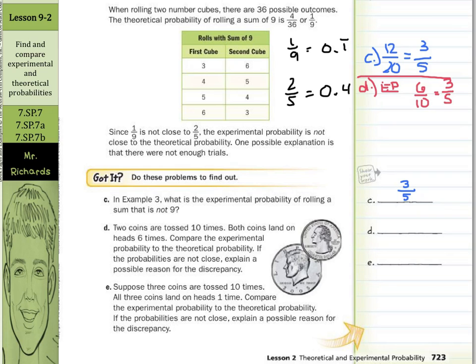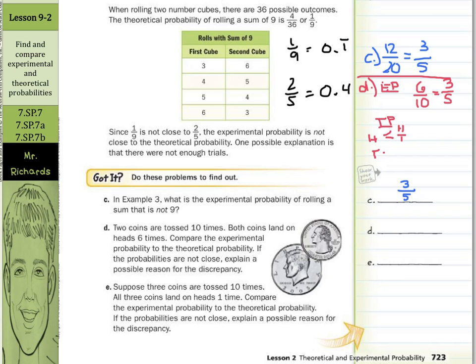Now what about the TP? Not toilet paper, but theoretical probability. This is when we now need to look at how many possible outcomes there are when we flip 2 coins. Now, you may have done tree diagrams in the past. You could get on the first flip a heads or a tails. And if you get a heads on the first one, you could go heads or tails on the second flip.